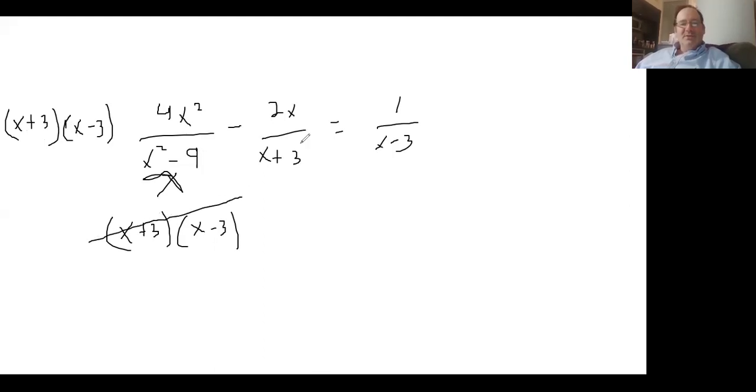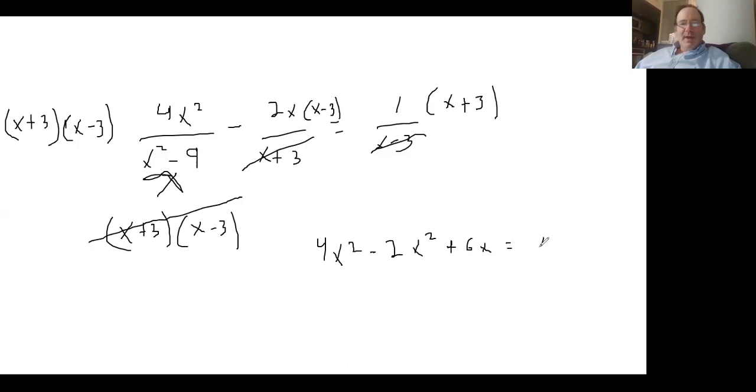This cancels out, but you're left with x minus 3 in the numerator, and this cancels out, but you're left with x plus 3 in the numerator. So now I got 4x squared minus 2x squared, and then I got plus 6x equals x plus 3.